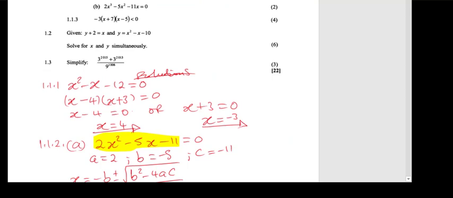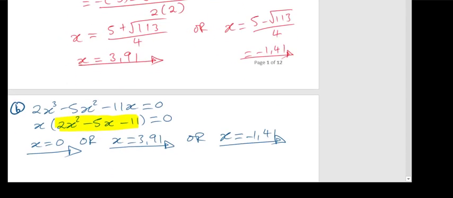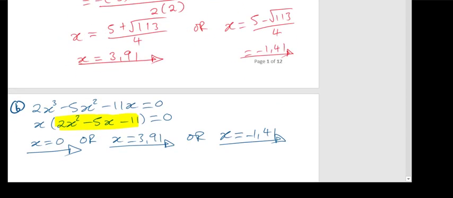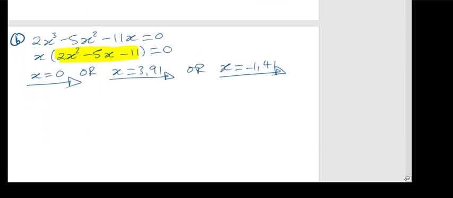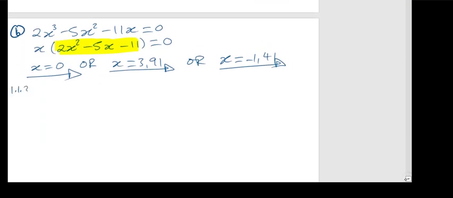The next question is 1.1.3. We are required to solve for x, given this inequality: minus 3 into x plus 7 into x minus 5 is less than 0, not less than or equal to. In this case, you can divide by negative 3.